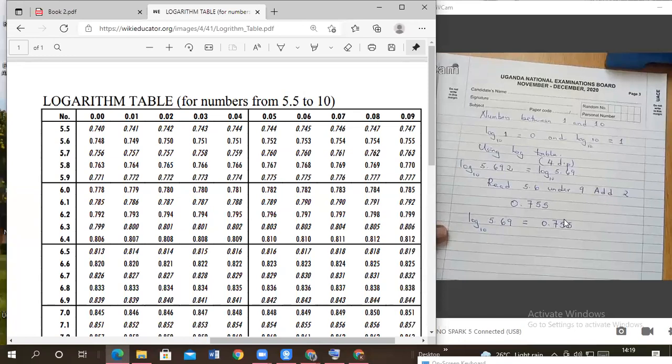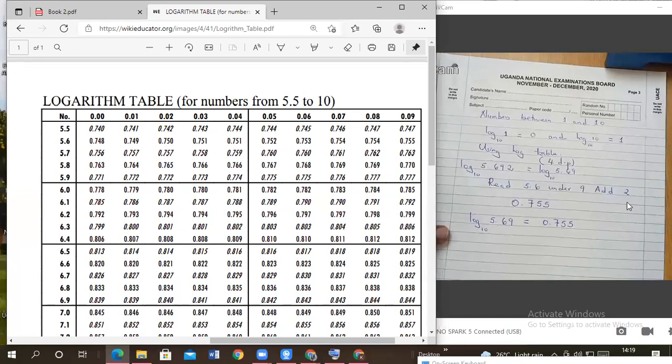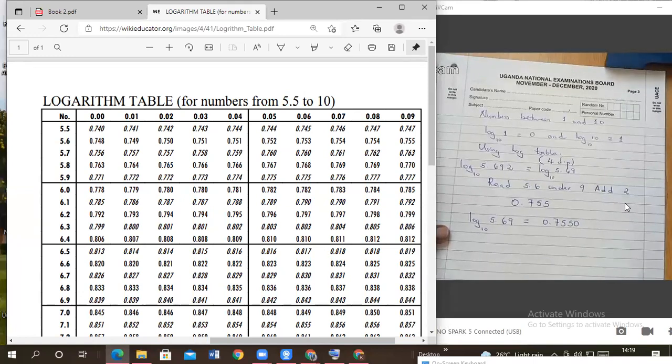Remember I said they must be written to 4 decimal places. Now, what you do, you add 0 to make it 4 decimal places.